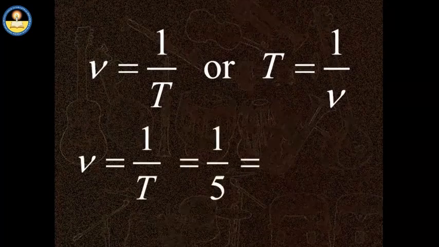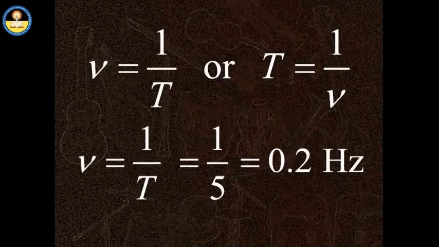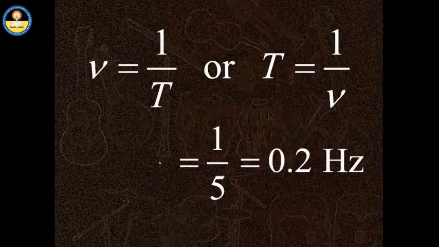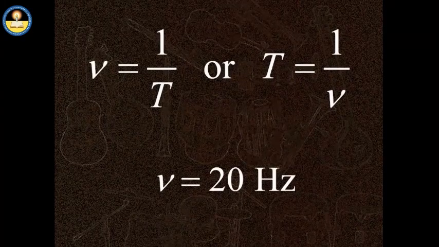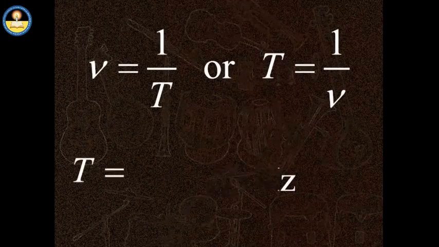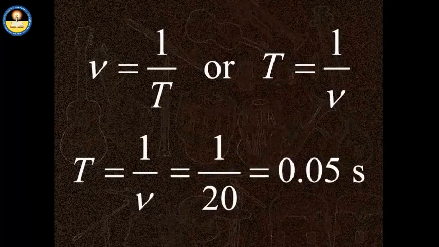Then the frequency is 0.2 Hz. That is, the wave completes 0.2 cycles every second. In a similar way, if the frequency of a wave is 20 Hz, then the time period of the wave is 0.05 seconds.